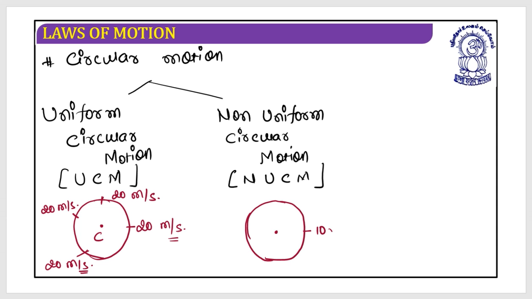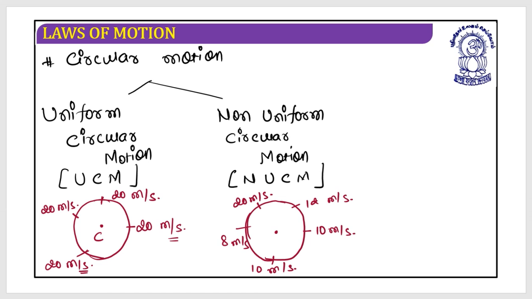So let's say this is 10 meter per second, this is 12 meter per second, this is 20 meter per second, this is 8 meter per second, this is 10 meter per second, something like this. So how could I differentiate what is the requirement for uniform circular motion and what is the requirement for non-uniform circular motion? What is coming to your mind?